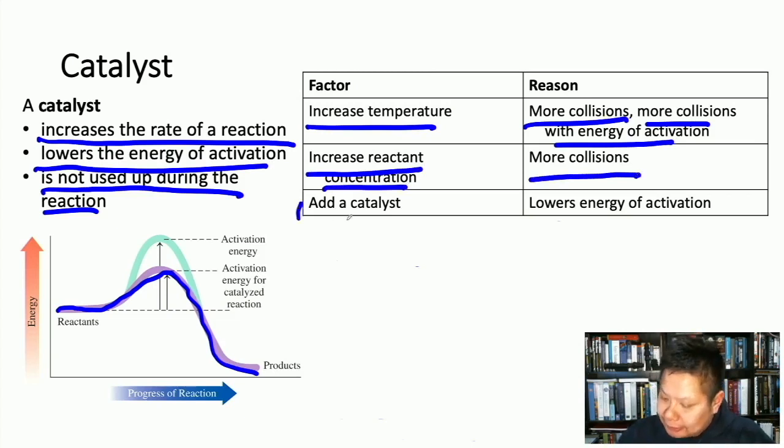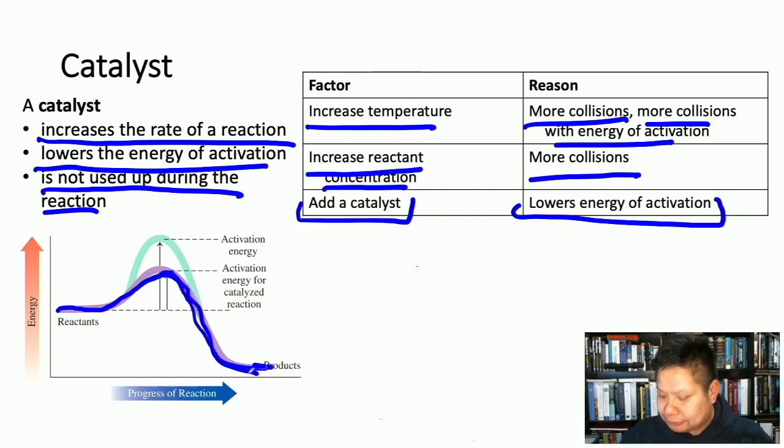But if you add a catalyst, the catalyst will lower the activation energy so that the reactant can proceed with its reaction with less energy that it has to put in. How does it do that, you might ask? Well, in biochemistry, enzymes will actually make the environment around the reactants more favorable.